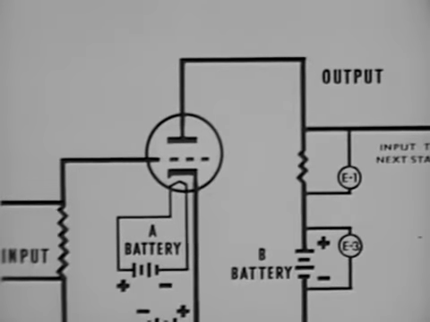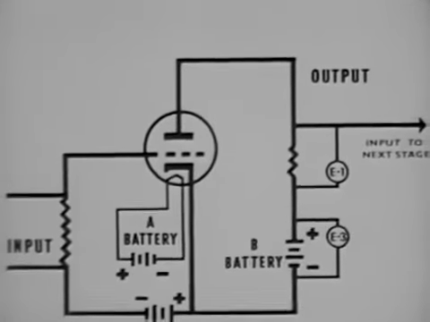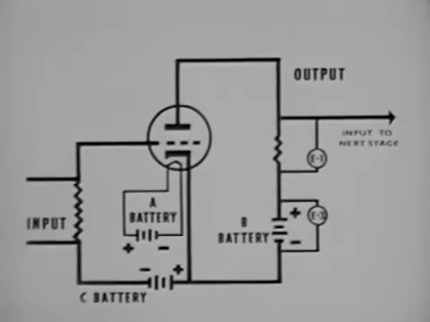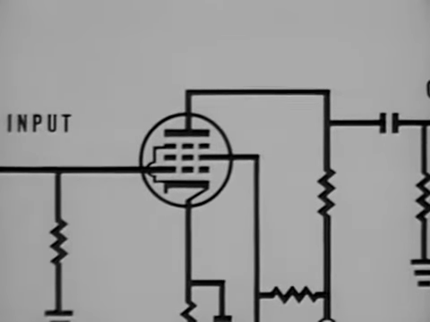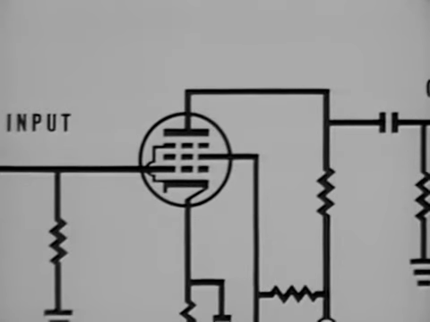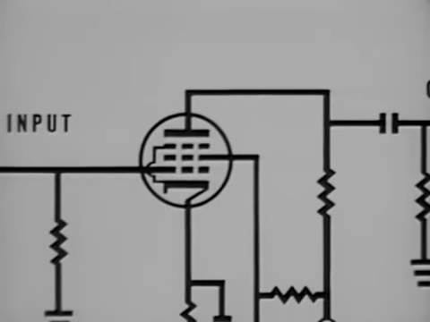A tube manual will give the plate resistance for the tube selected and its recommended operating voltages. For voltage amplification, the most common choice of tubes is the pentode.